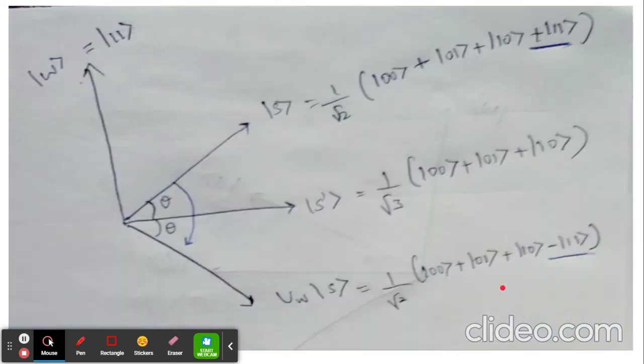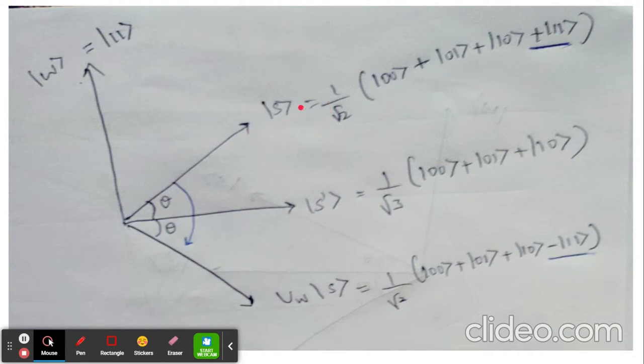To convince you that it's a reflection, you can take an example of a 2 qubit state, where this is the S dash state, this is S, and this is UWS. By symmetry, S and UWS should subtend the same angle with S dash, because the only difference is in this sign. So this indeed is a reflection.